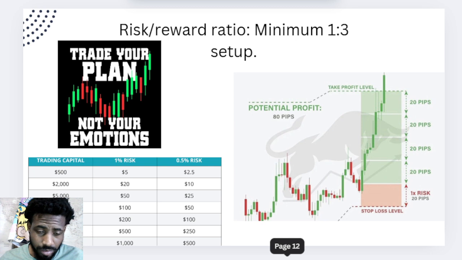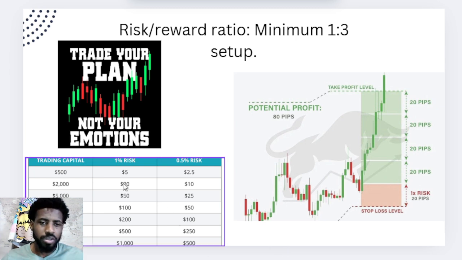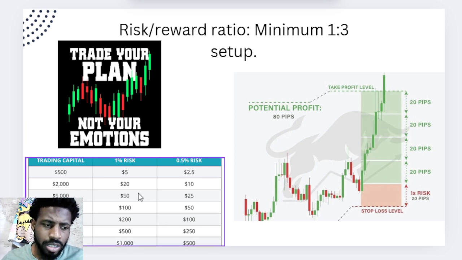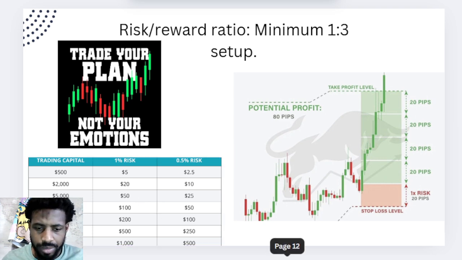And this is your trading capital. So what you're doing, you're risking your trading capital, and this is per trade. It's not like you're risking this for the whole trade or whole day. This is per trade.